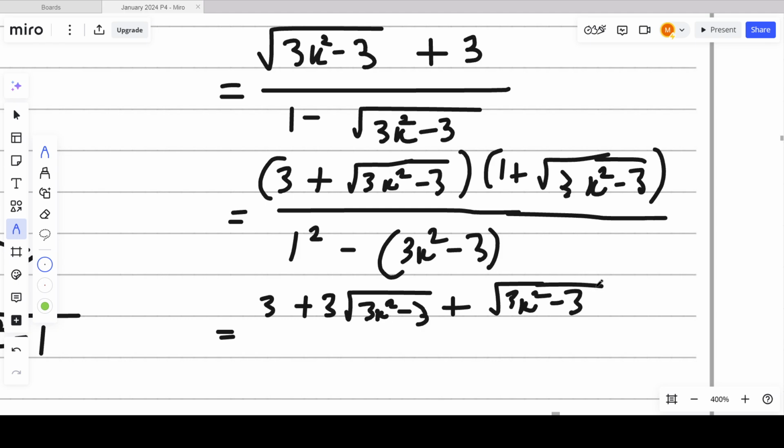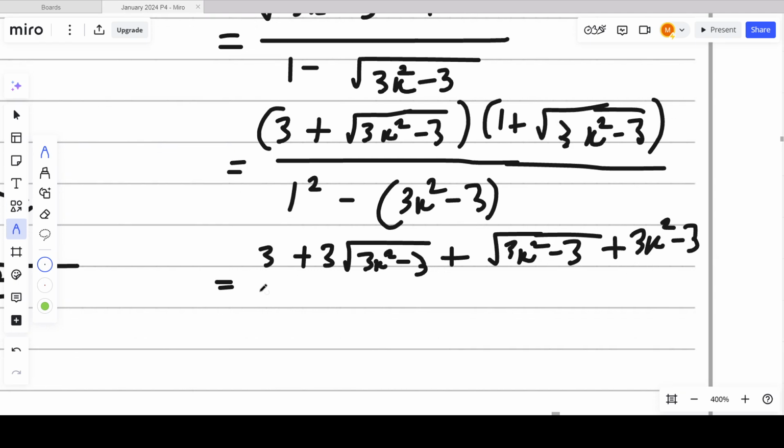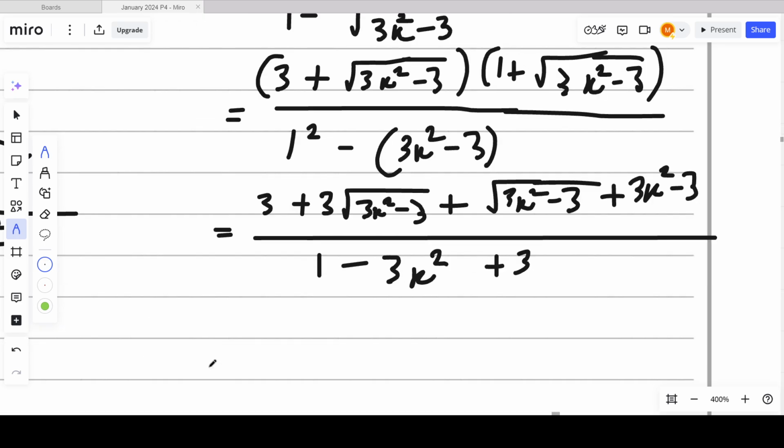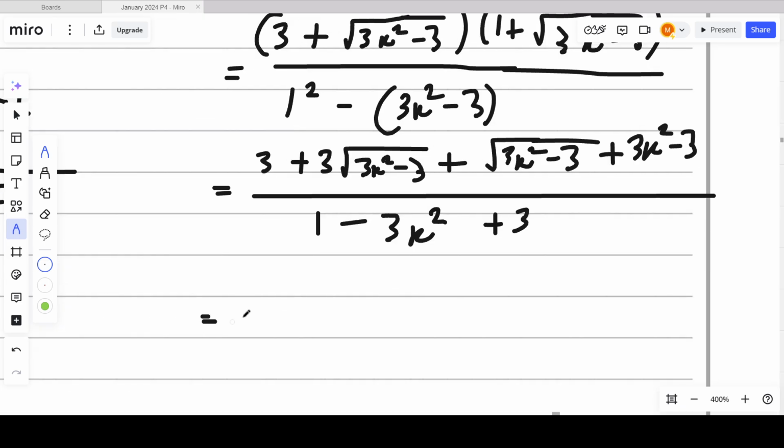And then square root of 3x squared minus 3 times square root of 3x squared minus 3: the square root and the square cancel out, so plus 3x squared minus 3. Now the numerator is 1 minus 3x squared plus 3, so in the numerator we got 4 minus 3x squared.